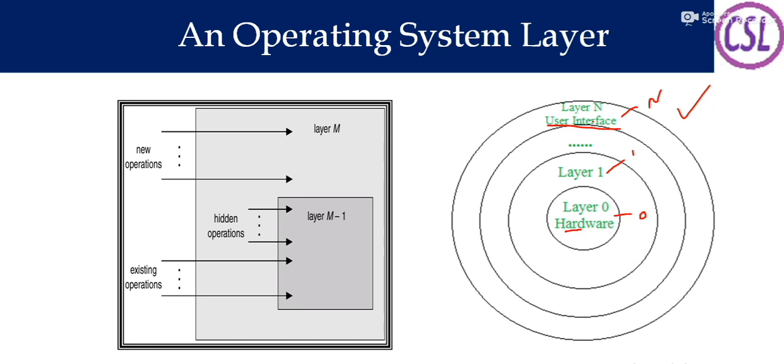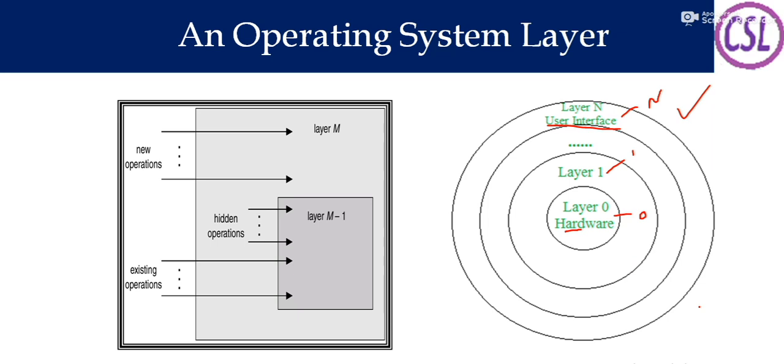And one more disadvantage is, if you add new functionality to the existing operating system, on which layer can you put this functionality? So that is the question mark. Okay, so even though the layer approach is better than the simple structure, it has its own disadvantages. So that is about the layer approach.